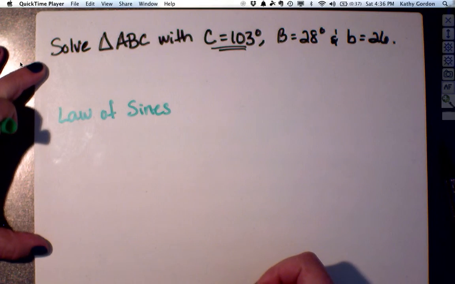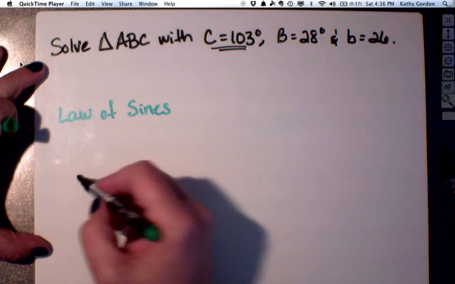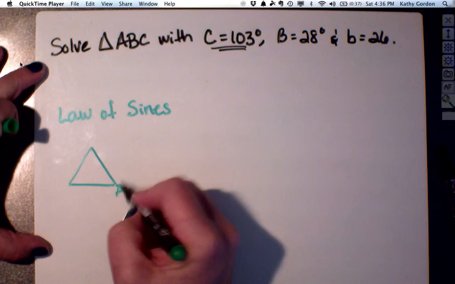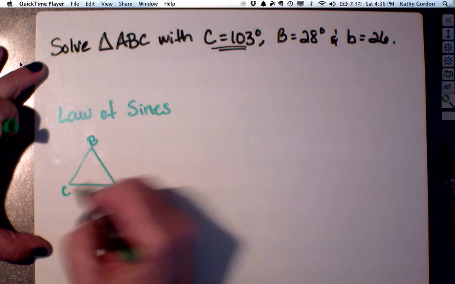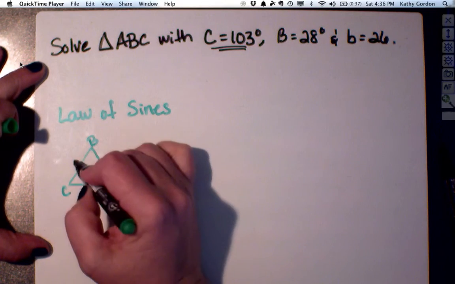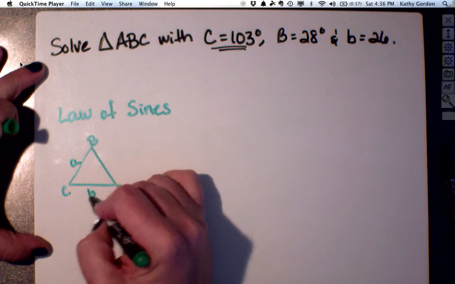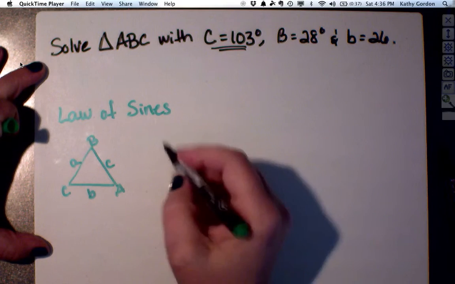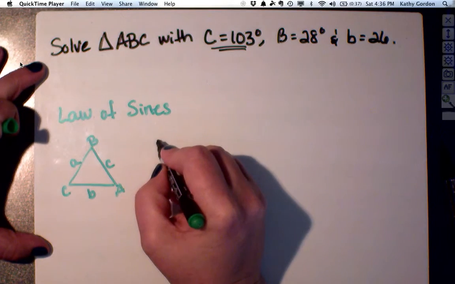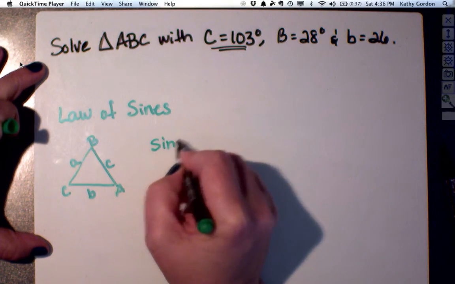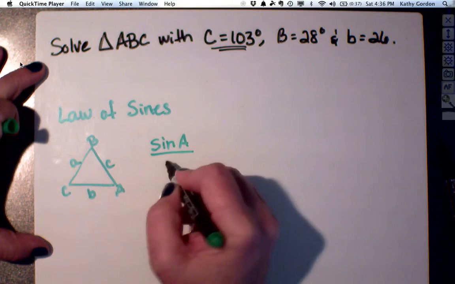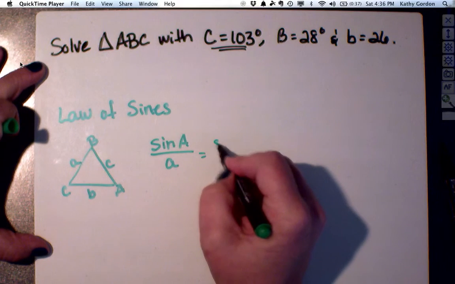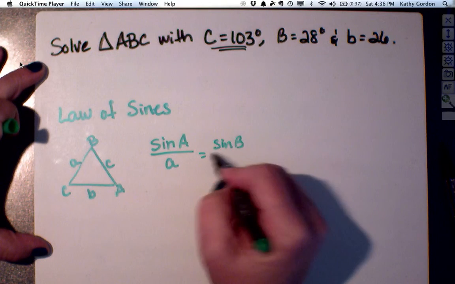And what the law of sines says is, in a triangle where we have angles A, B, and C, and we have corresponding sides of A, B, and C, it is always true that the ratio of the sine of an angle to its opposite side is equivalent in all cases.